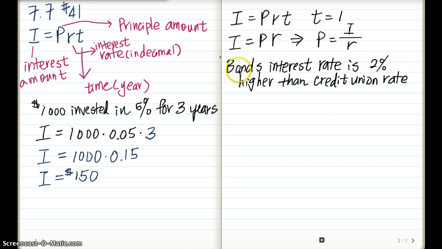So the question says the bond's interest rate is 2% higher than the credit union rate. Okay, so to start, I'm just going to define my variable. The question asks you to find both interest rates. So I'm going to say let X be the bond's interest rate.